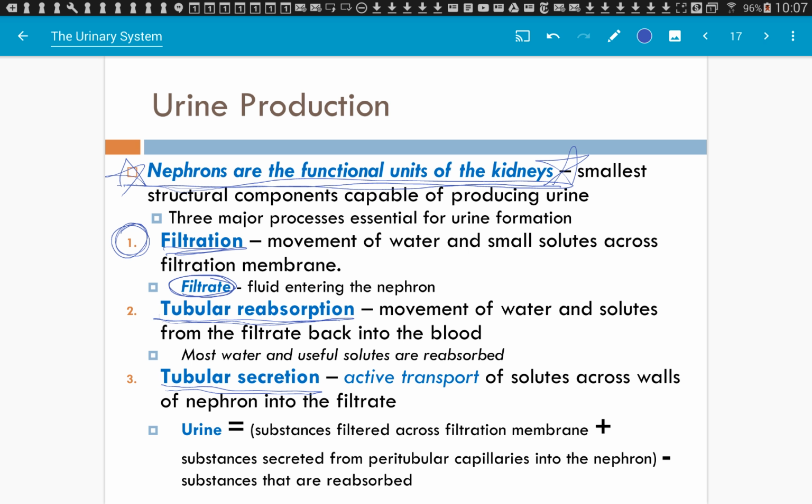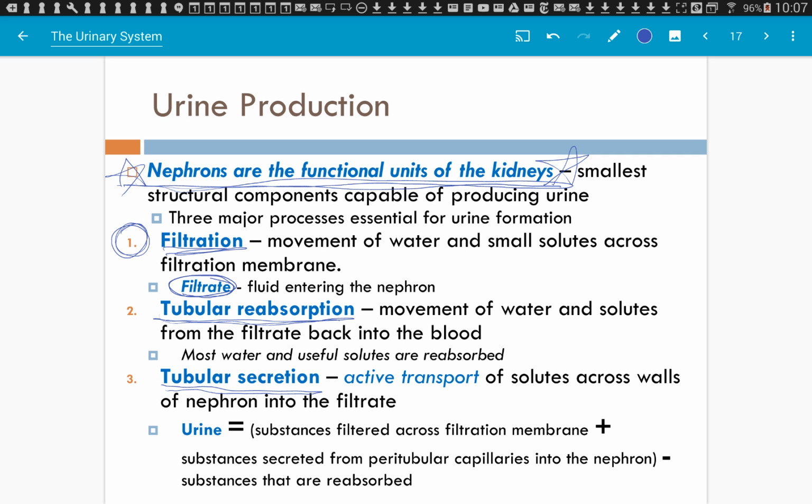When the afferent arteriole brings in blood, you're filtering out a lot of the fluid from the blood, small molecules, ions, maybe small proteins, but the large stuff stays in the blood and leaves the capsule from the afferent arteriole. So the things that are able to pass through the capillaries of the glomerulus into the Bowman's capsule, we call that the filtrate. And so that's where we first begin the filtration process of the blood.